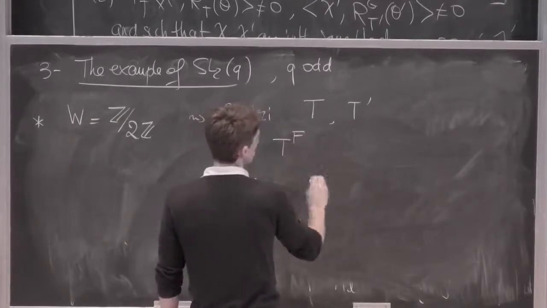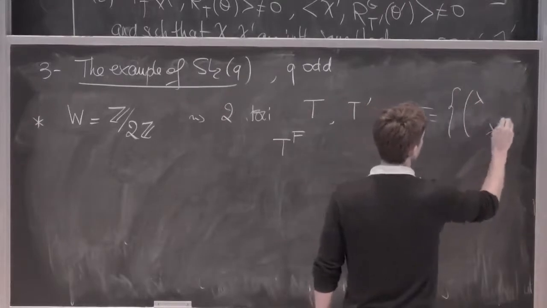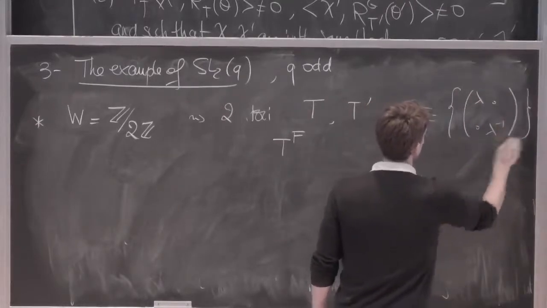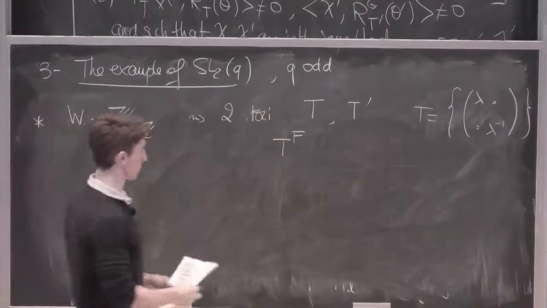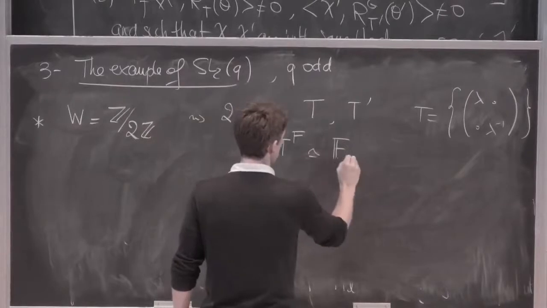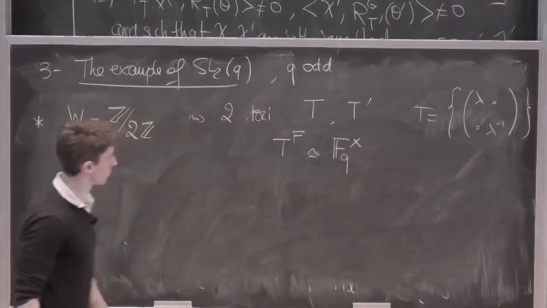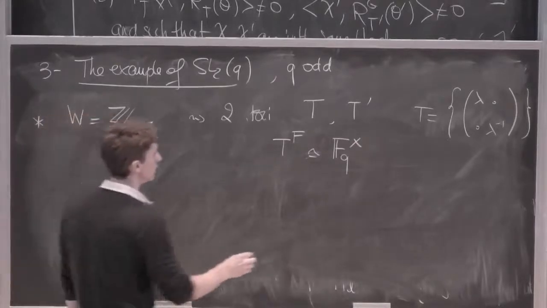And the first one, T, will be just the diagonal matrices in SL2. So if you look at the fixed points under the standard Frobenius, what you get is just the invertible elements of F_Q. And then you have the non-split torus.